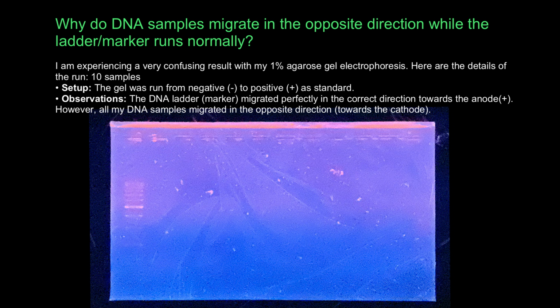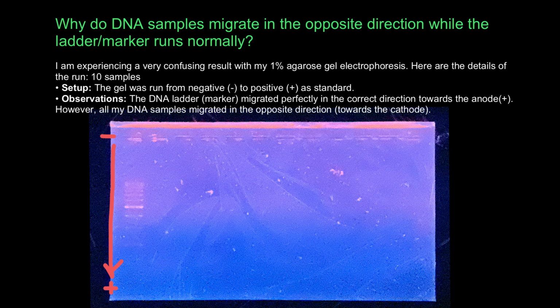In gel electrophoresis, we rely on the fundamental physical principle that DNA possesses a highly negative net charge due to its phosphate backbone, forcing it to migrate towards the positive anode. Because the DNA ladder migrated perfectly in the correct direction, we can immediately rule out any hardware issues such as swapped electrodes, or global gel preparation errors such as casting the gel in water instead of buffer.